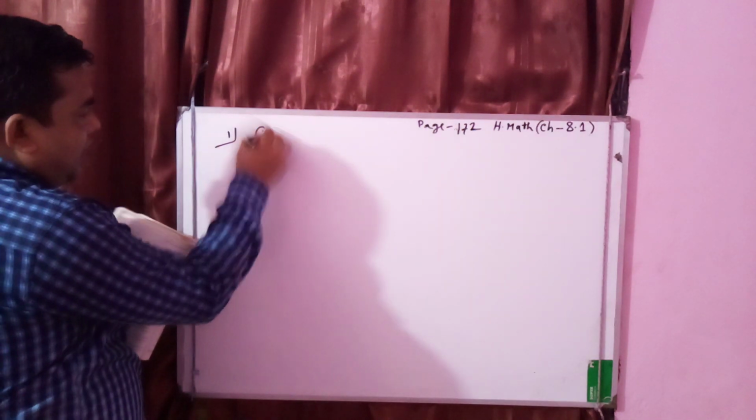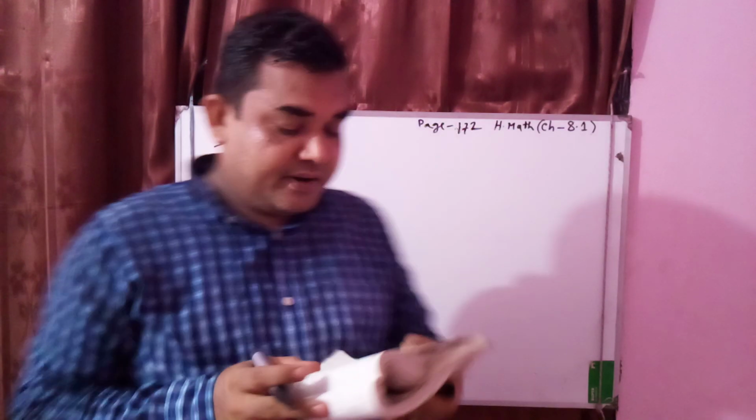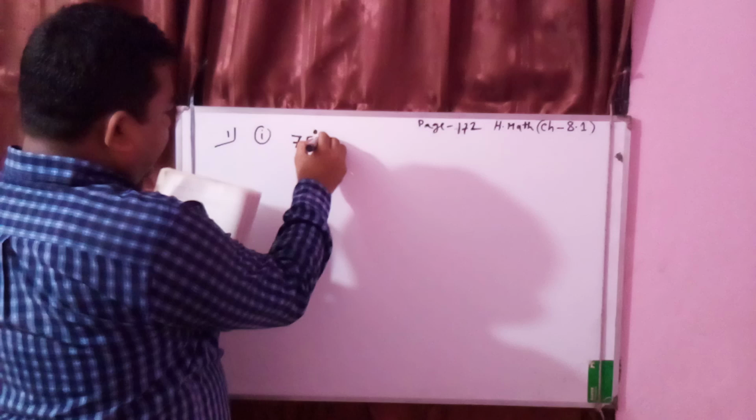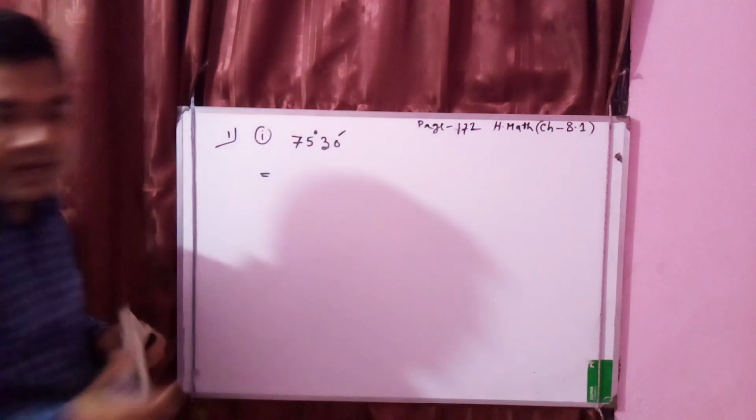Number 1: express in radian. 75 degrees 30 minutes. We convert to radian.